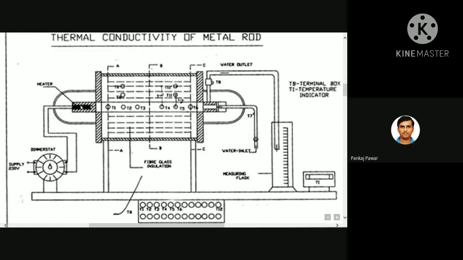So you will supply the heat to the one end of that metal rod. All of you are aware that if you heat one end of the metal rod, the other end of the metal rod will get heated after some time. You will feel heat at the other end also, and that heat transfer through the metal rod is because of conduction only.